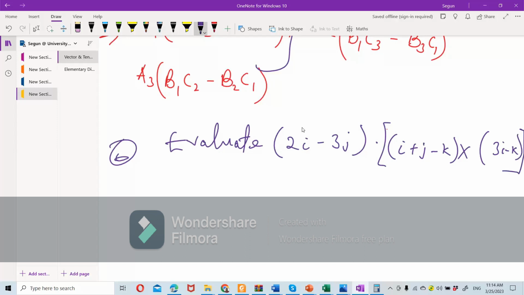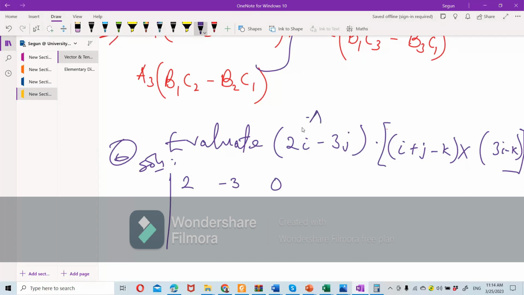If you want to evaluate this one now, how do you evaluate it? If you use the same result above, to evaluate it is simple. We said 2, -3. What is k here? Okay, it is 0. Yes, you're right.